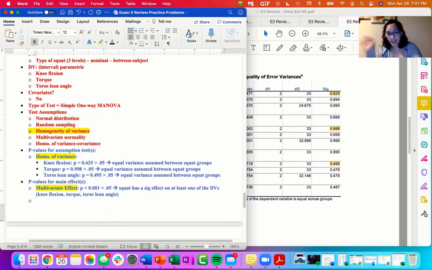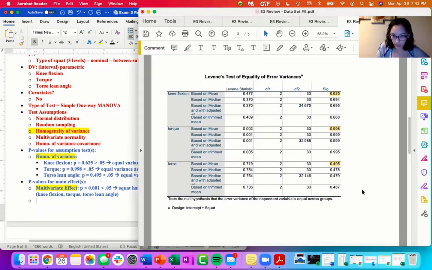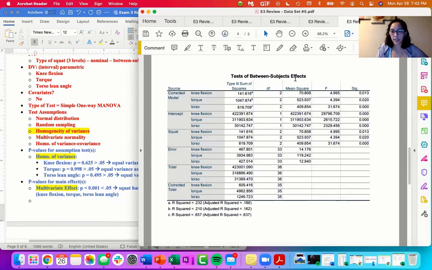Okay. So let's go back to our main effects because I got excited. We know that we had a multivariate effect. So at least one of the dependent variables is going to be significant when we look at it between the squat groups. And we've met our assumption of homogeneity of variance for each of these, so we can accept the results that are given to us in the univariate tests, between subject effects area. Okay, and this breaks it down.